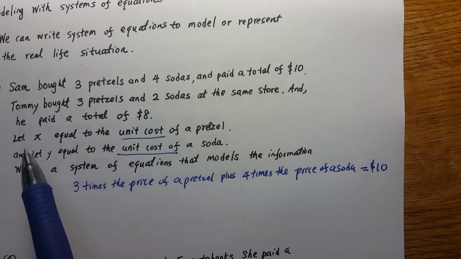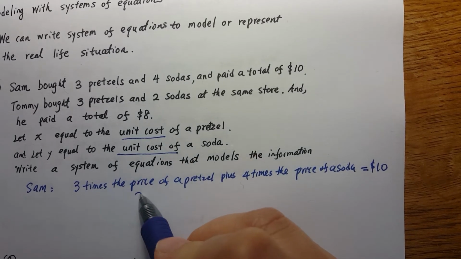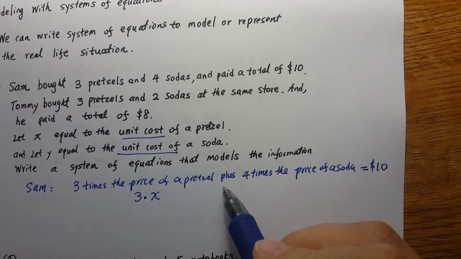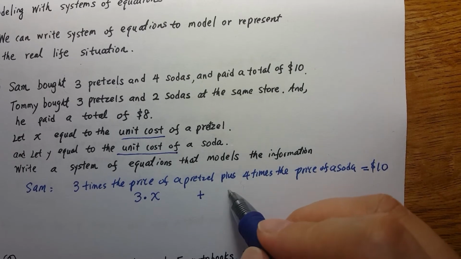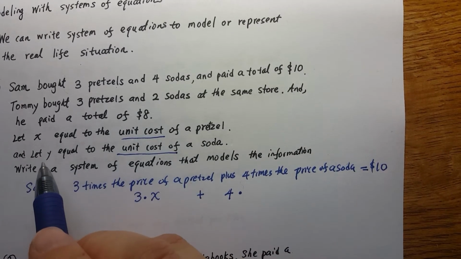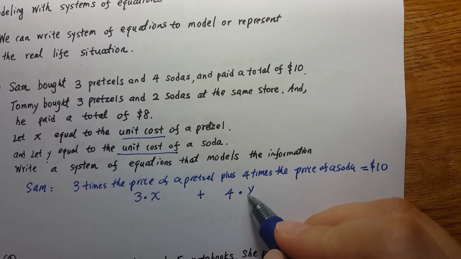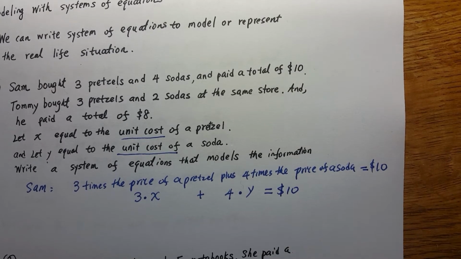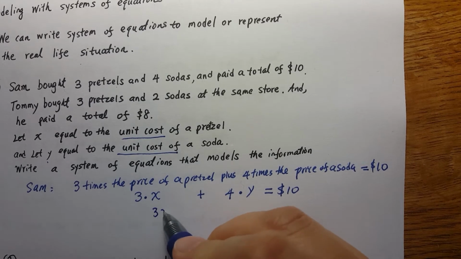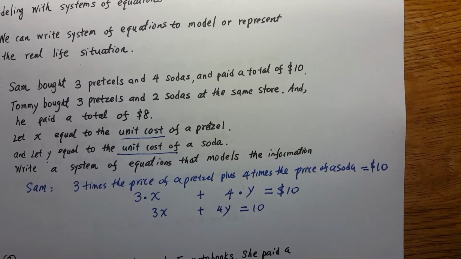So now let x equal the unit cost of a pretzel. That means 3 times x plus 4 times the price of a soda, 4 times y, because y equals the cost of a soda, and equal to $10. So we have the equation that represents Sam, which is 3x plus 4y equals 10.